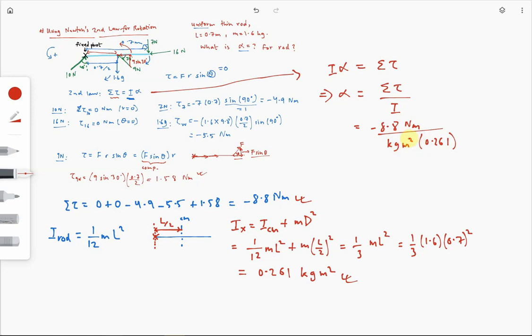Alright, one of the meters can go away, and if you do this calculation we end up with negative 33.8, and the unit ends up being radians per second squared. So if you manipulate newtons per kilogram meter, this unit actually becomes radians per second squared. Alright, so this is how you use Newton's second law for rotations.